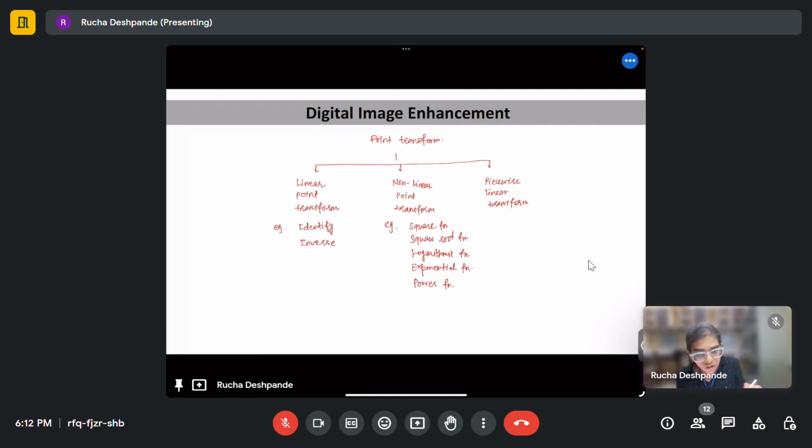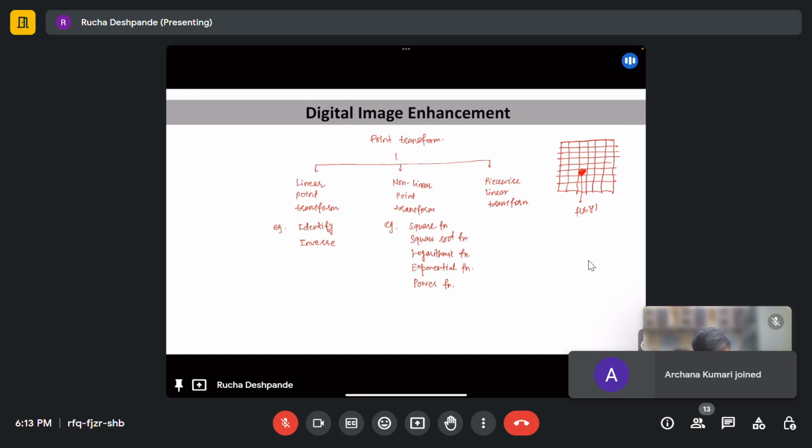So in point transform, all of these different types are functions which will be applied on each pixel. So on each pixel, if this is the value, this transform function will be applied to get the output image.